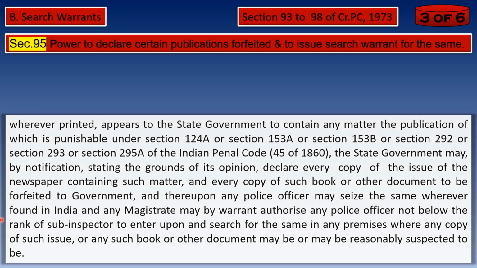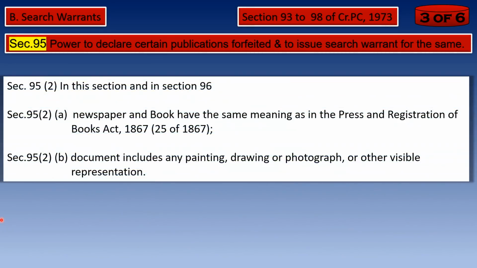Next thing to remember is that any magistrate may by warrant authorize any police officer not below the rank of a sub-inspector to enter upon and search any premises for such book, document or newspaper suspected to be in that premises.